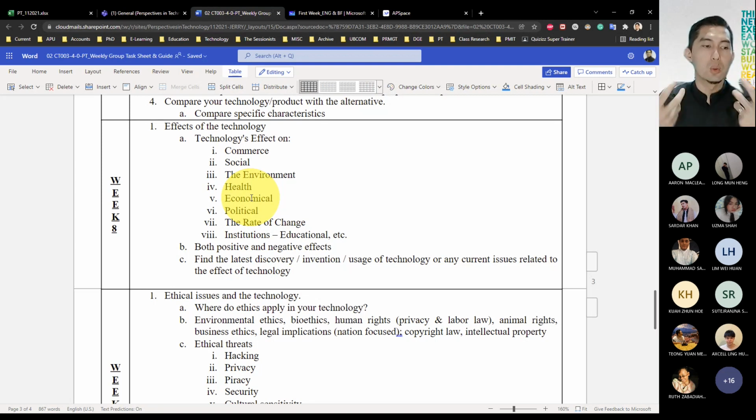I'm always suggesting to do both, to look at positive as well as negative effect. But I do understand that some areas can only lean towards a negative effect, so then you will only focus on the negative effect.